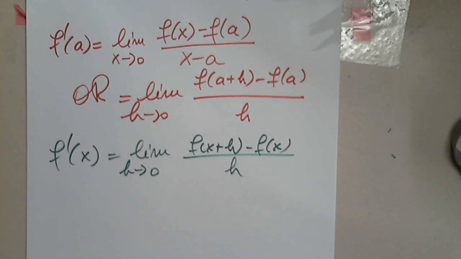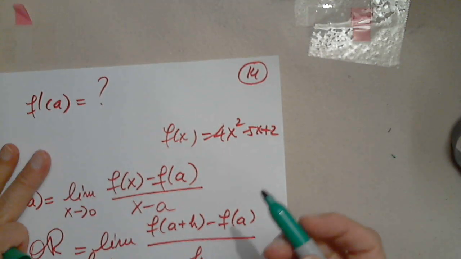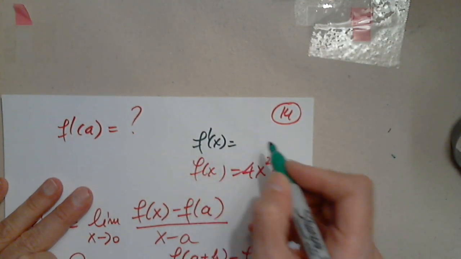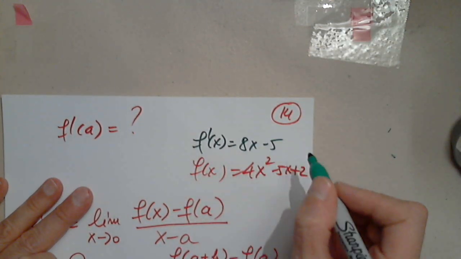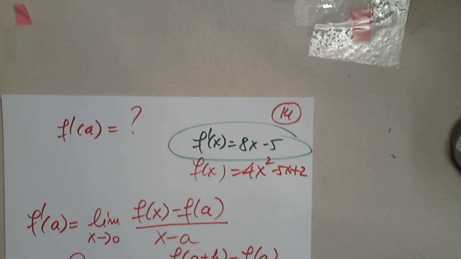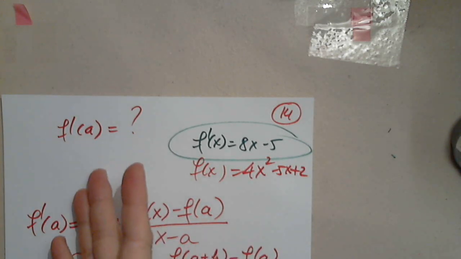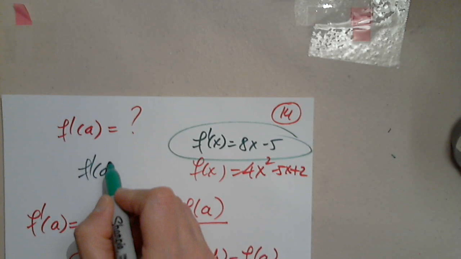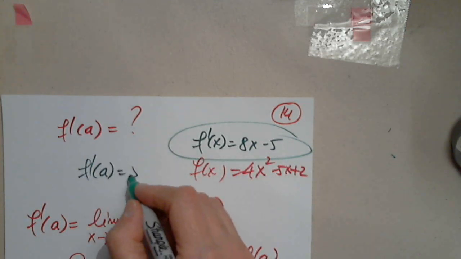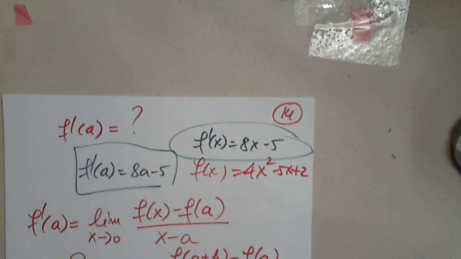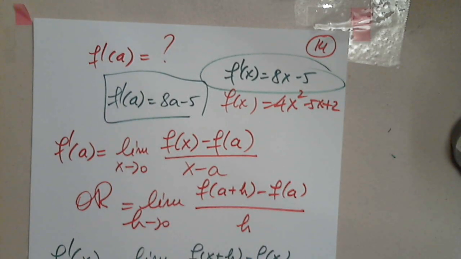And you should check with the differentiation rules. Of course, on the side, I can write immediately that the answer for f prime of a has to be 8a minus 5. So I know ahead of time what I should get.